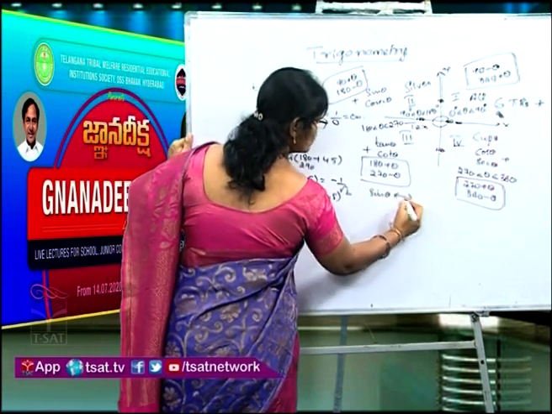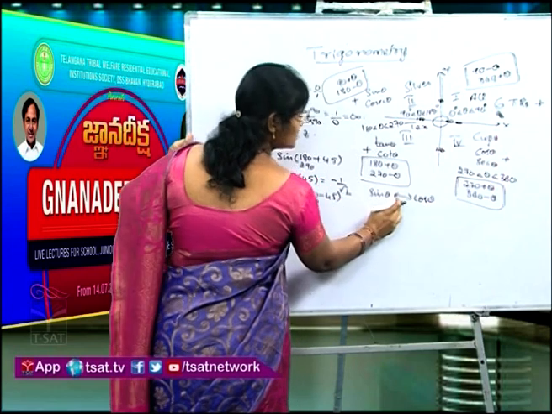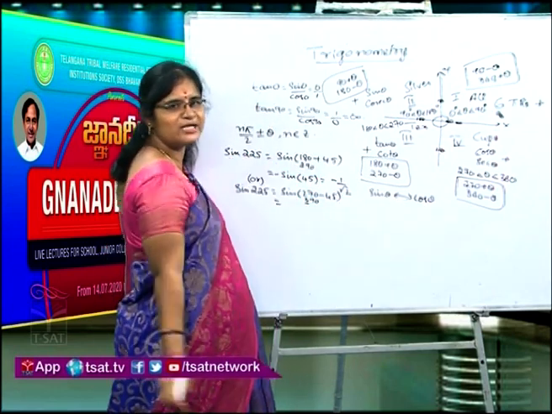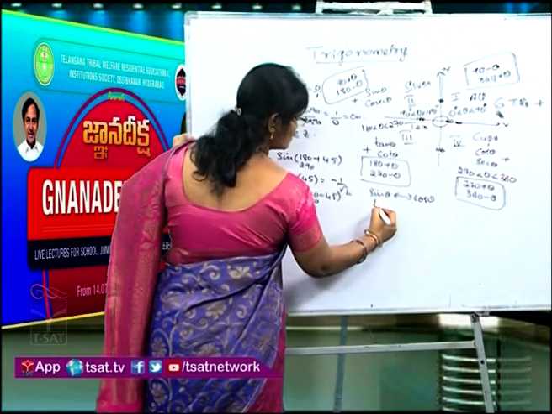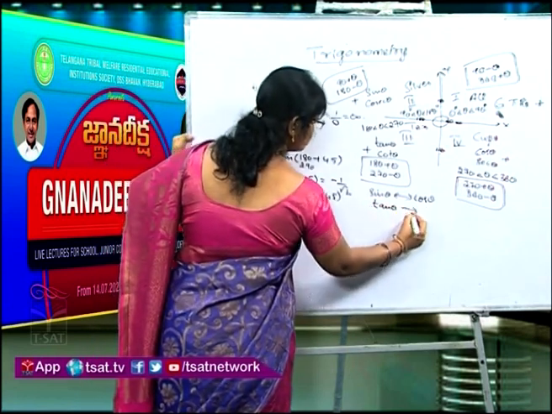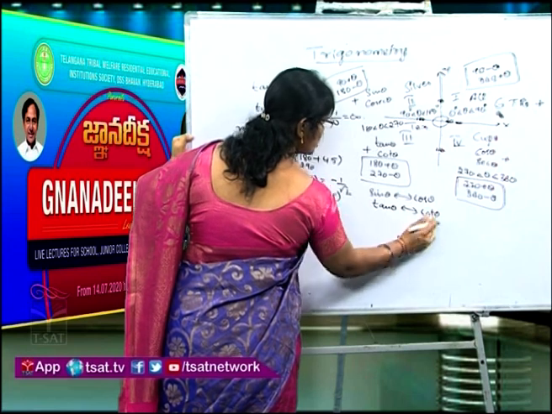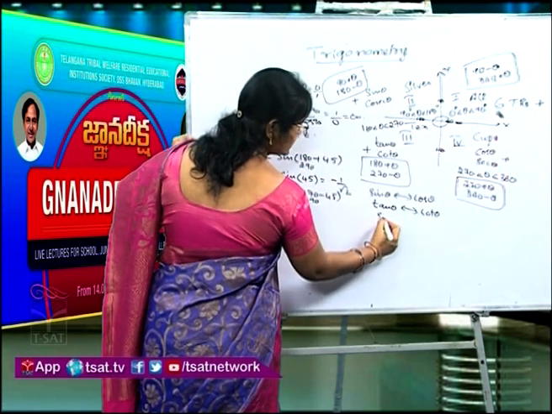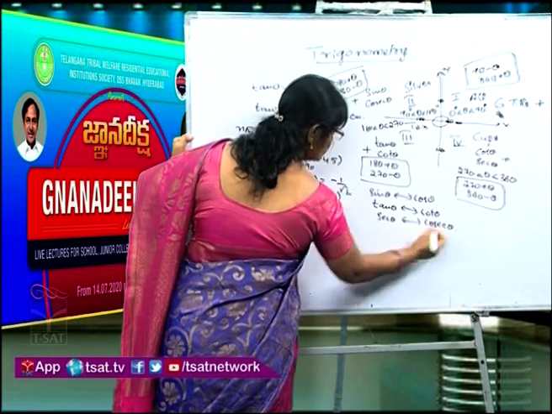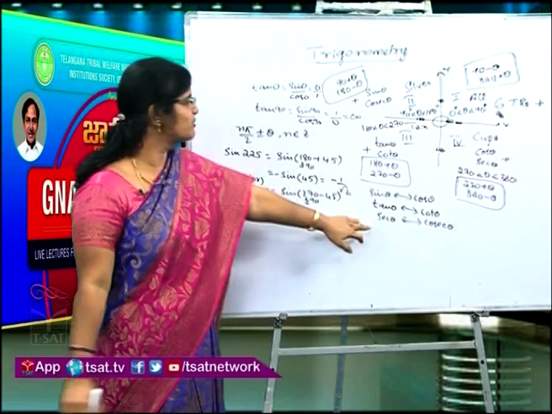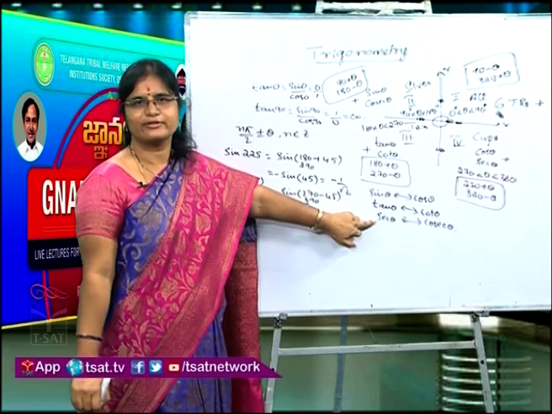Sine changes to cos and cos changes to sine. Next, tan changes to cot and cot changes to tan. Secant changes to cosec and cosec changes to secant. So you should remember this, children, for odd multiples of 90.